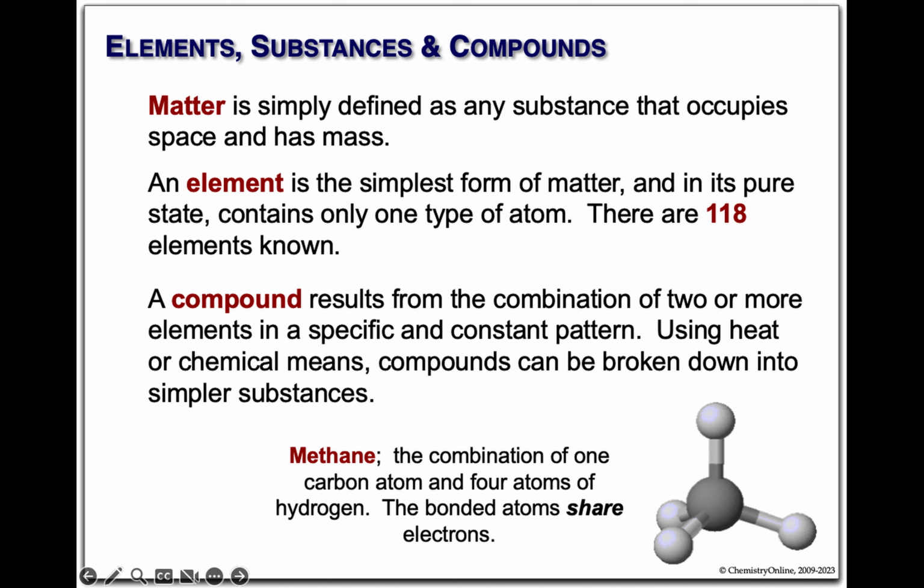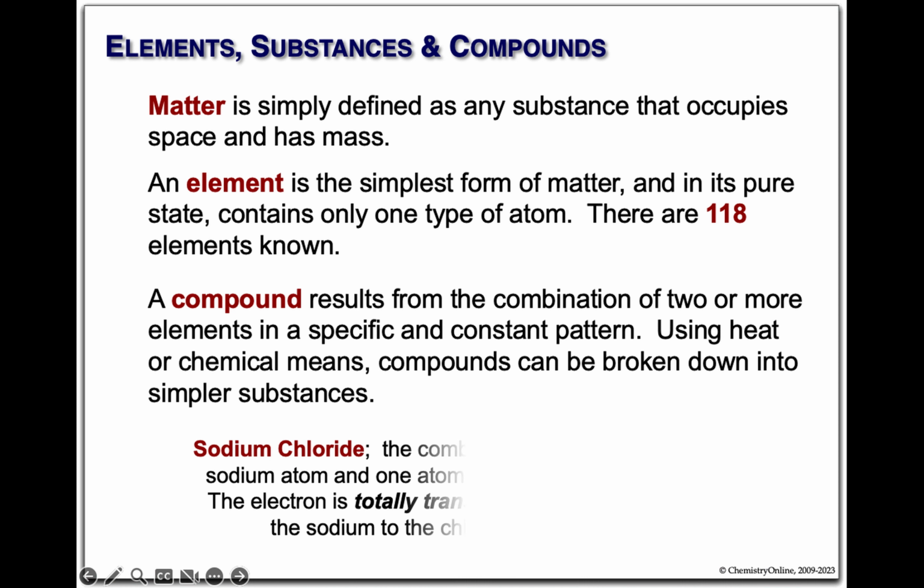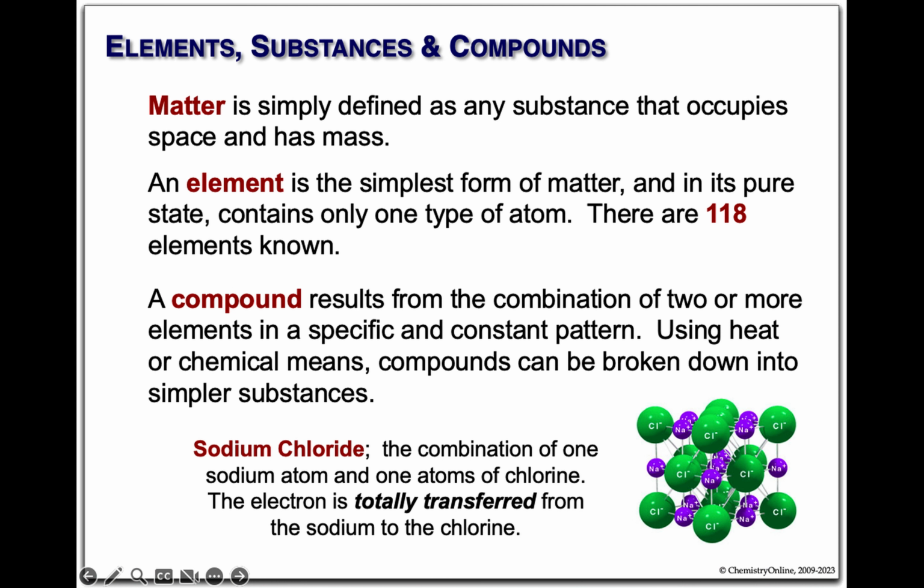The other type of compound, this is sodium chloride. In sodium chloride, we don't share electrons. The sodium atom totally transfers its electron from sodium to chlorine. Because sodium is missing an electron, it's positive.